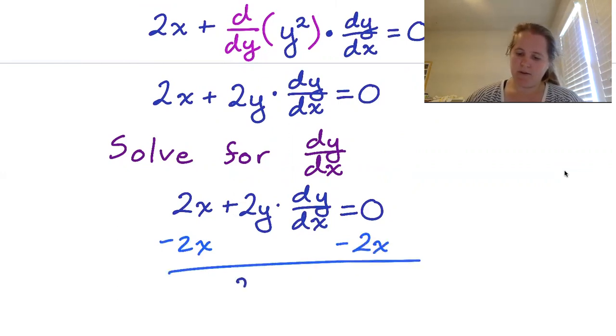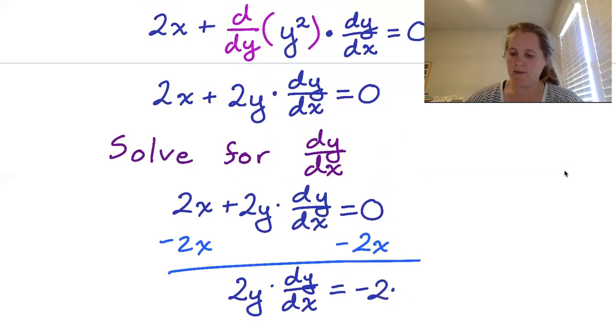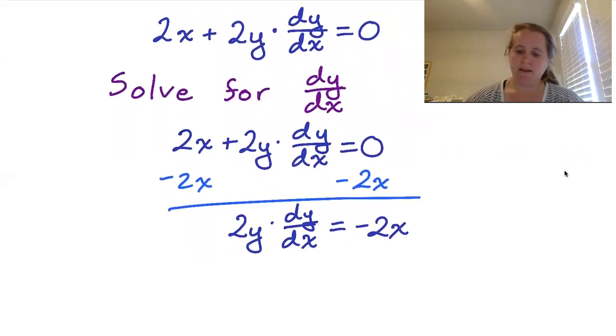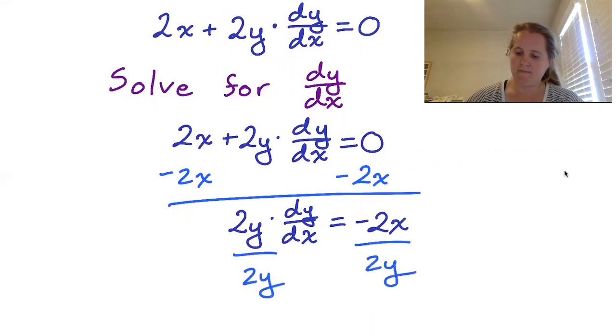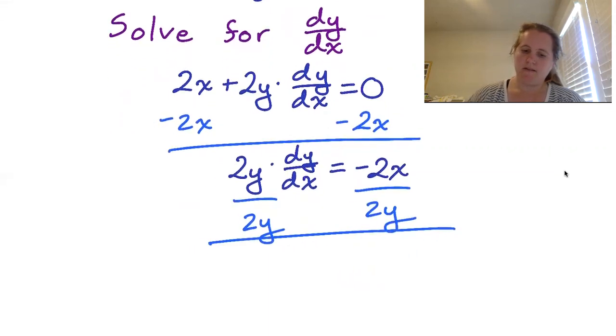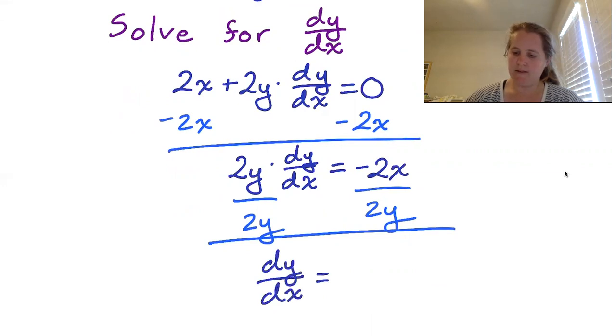And we'd have 2y times dy dx is equal to negative 2x. And then we would divide by our 2y. And we'd wind up with dy dx is equal to negative 2x over 2y, or negative x over y.